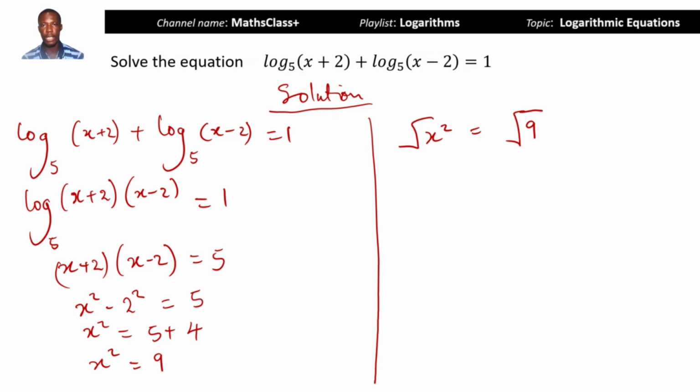When we substitute the negative value for x into the expression, it will not be appropriate. So we have x is equal to 3 as the answer. Okay.